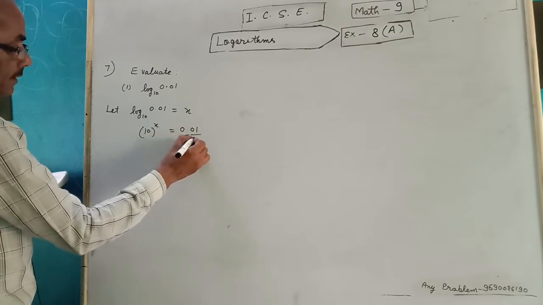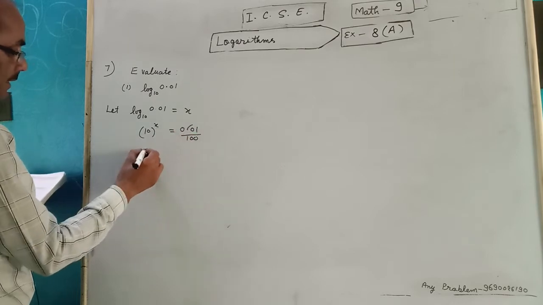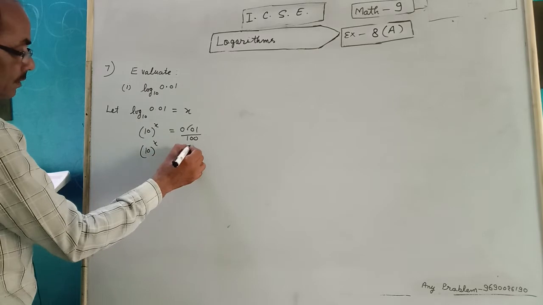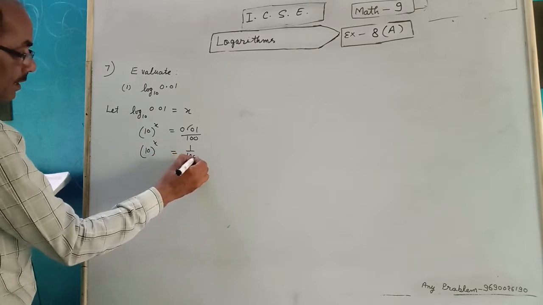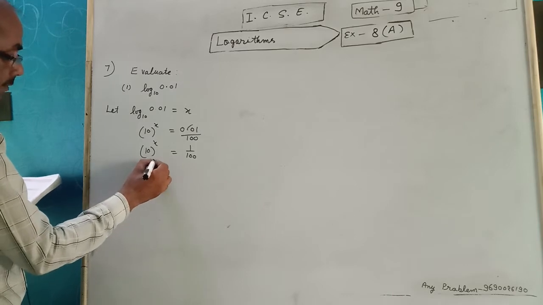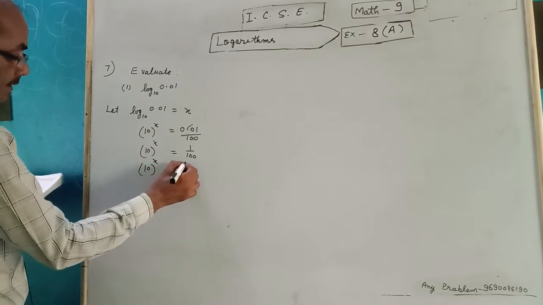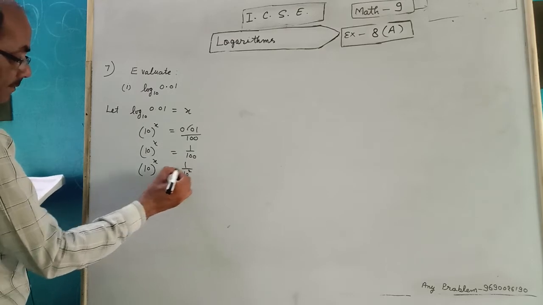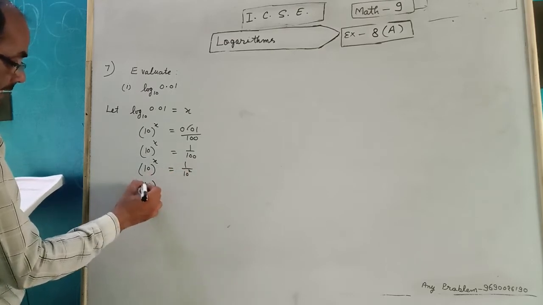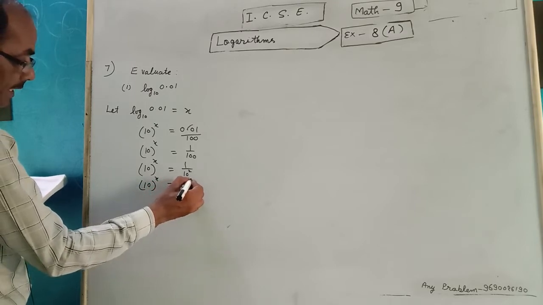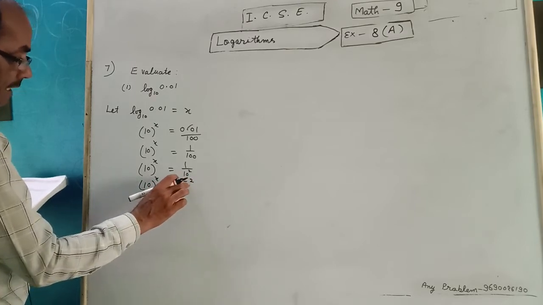Remove the point, 10 as power x is equal to 1 upon 100. Make the bases equal. 100 we write as 10 square. 10 as power x is equal to 10 as power minus 2.